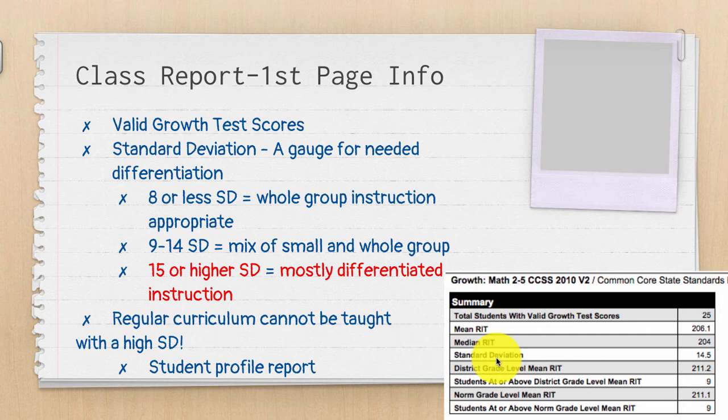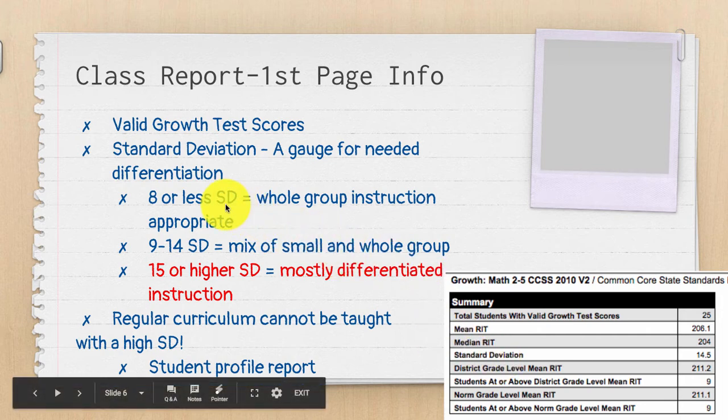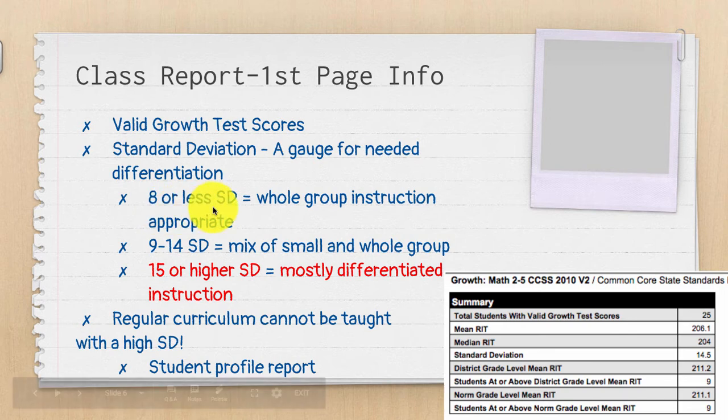Here's the guidelines for this. If you have a standard deviation for your class of 8 or less, you could probably use a lot of whole group instruction with a smattering, if you will, of differentiated instruction. If you have standard deviations between 9 and 14, you're going to have to use a mix of small and whole group instruction. You can't use all whole group instruction. The reason is the standard deviation tells you the amount of variation in your classroom.